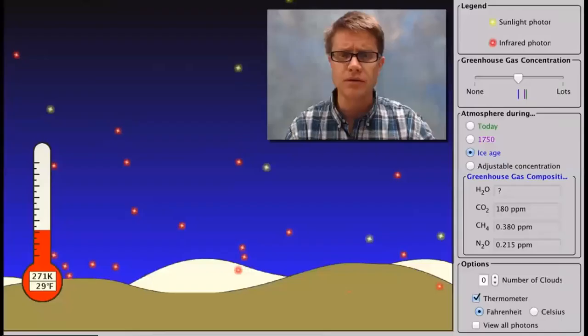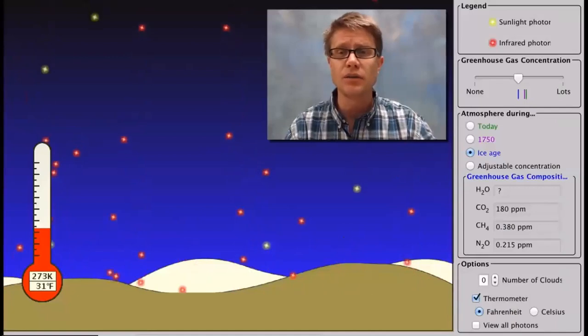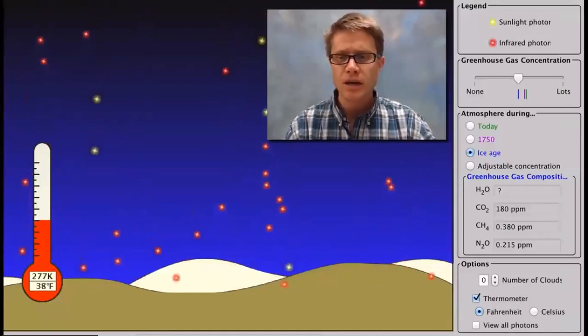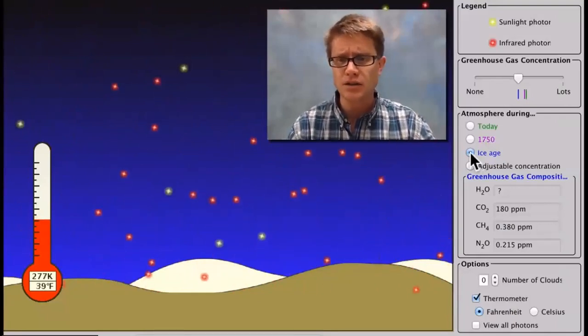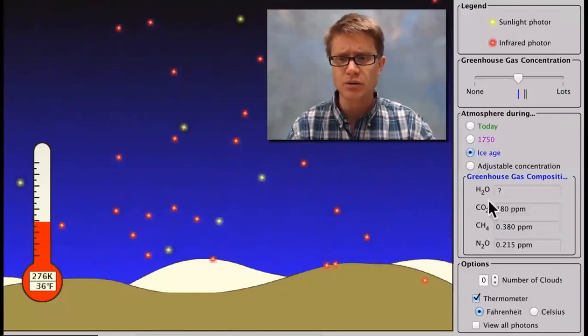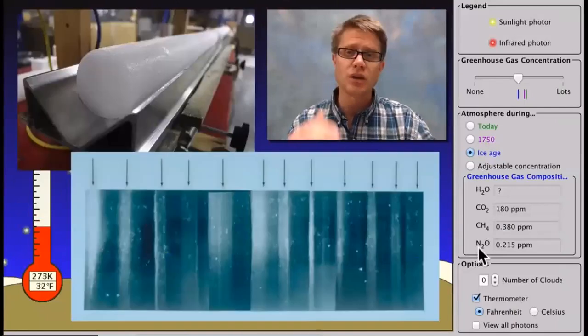Let's take a look at how that affects our atmosphere at the level of the atmosphere itself. And so what I've done is turn back the clock a little bit. So we're in the last ice age. This shows our greenhouse gas compositions. Now this is thousands of years ago, and so you might think, like, who was keeping track of greenhouse gases at that point? Well, nobody. If we look at ice cores, what you'll see is there are layers in the ice cores where we had summer, winter, summer, winter, summer, winter, and so you can count back and figure out how long ago it was.